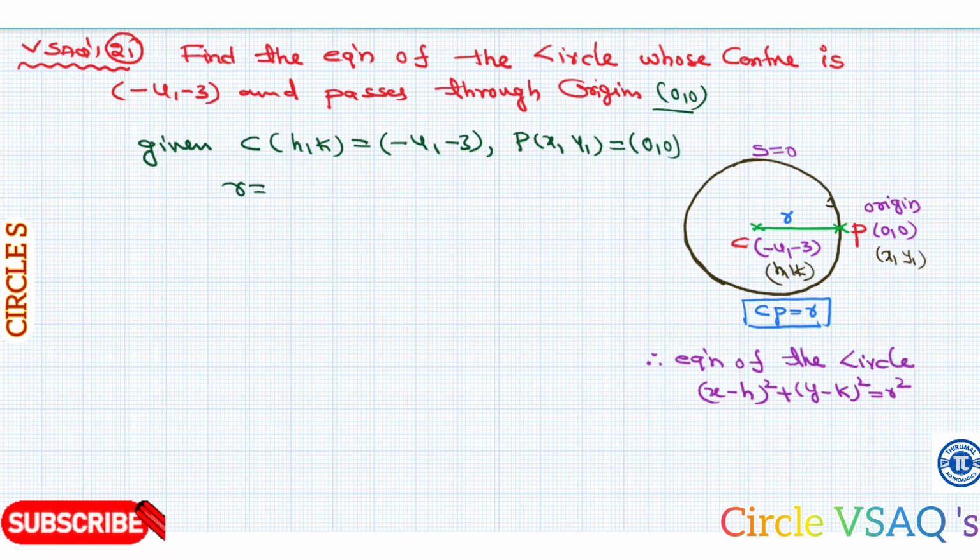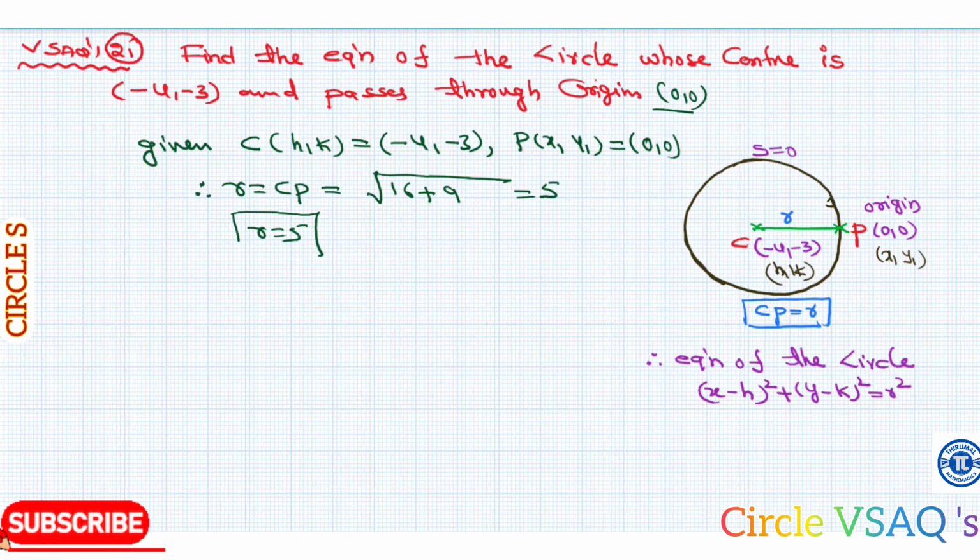So r = CP = under root of 4 square is 16 plus 3 square is 9, which is 25, so the radius r = 5.